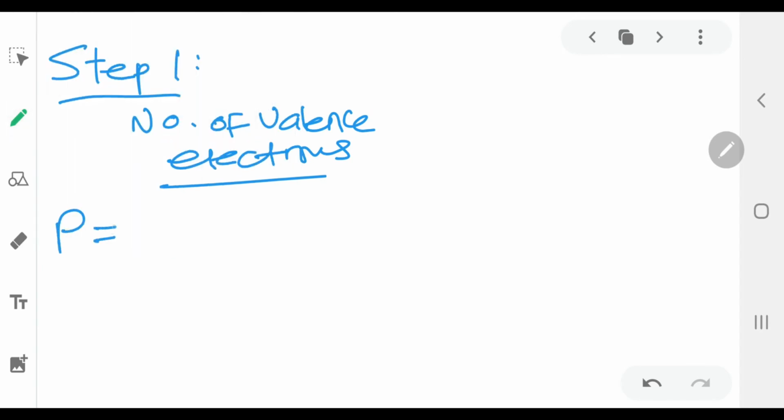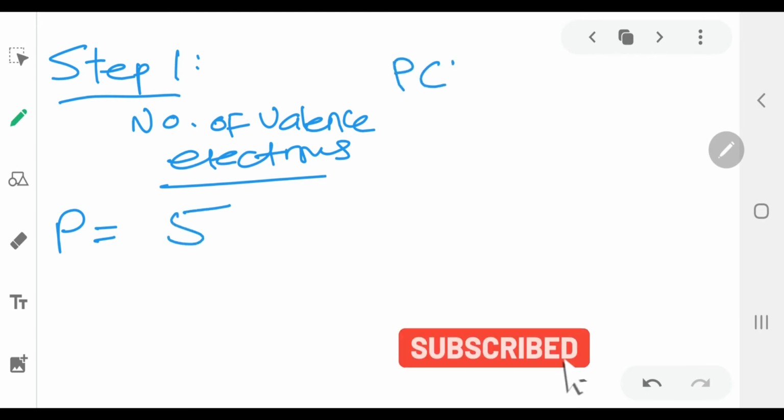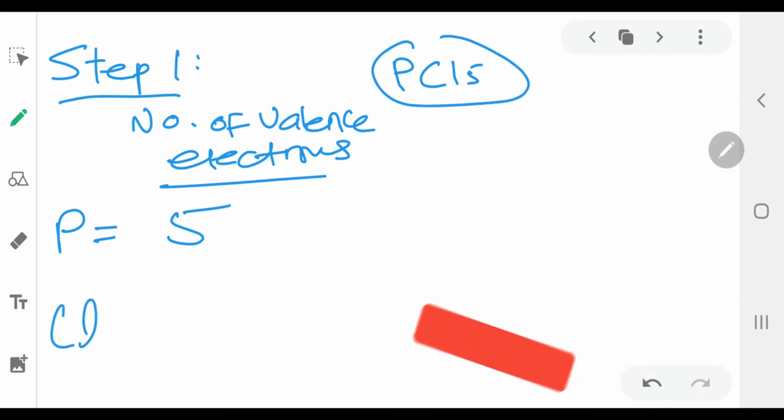So phosphorus, since it is in group 15, has 5 valence electrons. And then you have chlorine atoms in group 17, so each has 7 valence electrons.